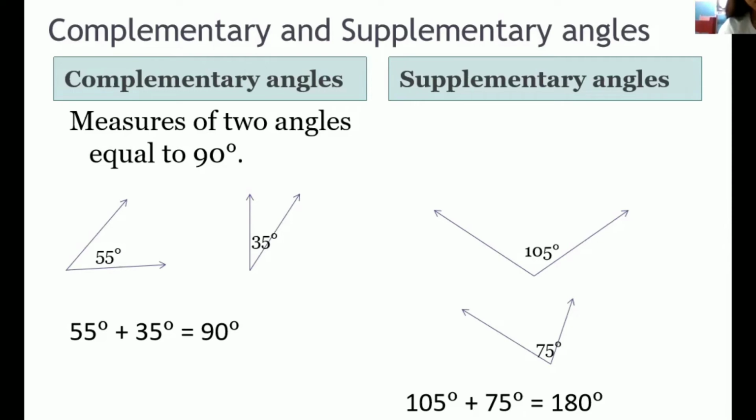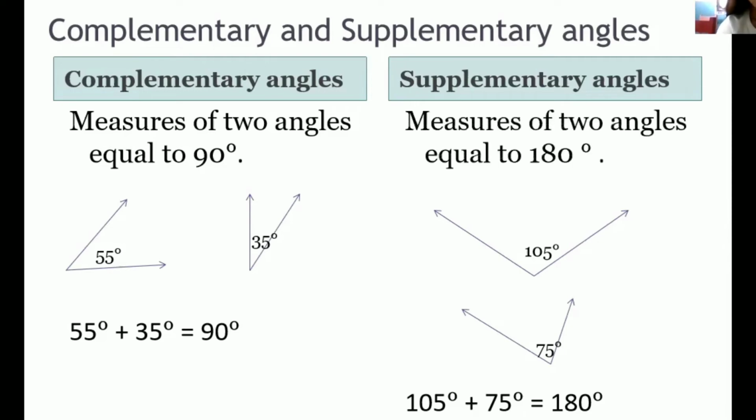In supplementary angles, when you add the two angles, the sum is 180 degrees. Again, complementary angles have measures that add up to 90 degrees, while supplementary angles have measures that add up to 180 degrees.